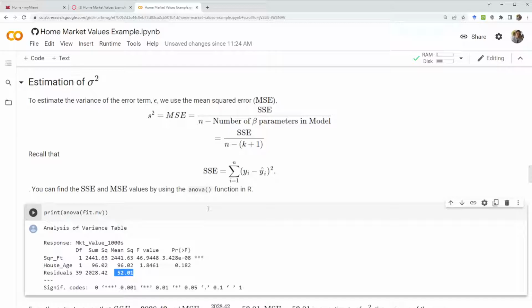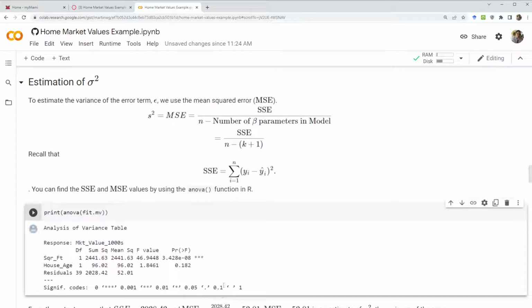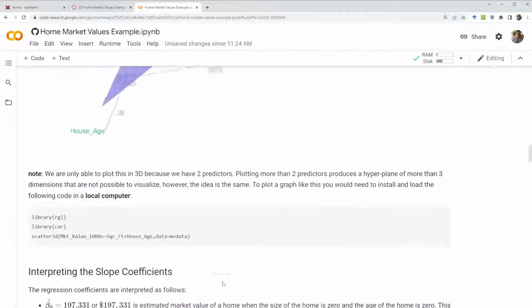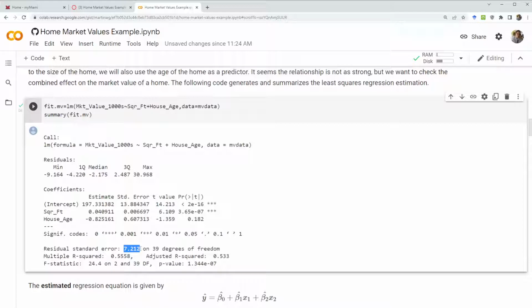Now that's in squared terms, so sometimes we prefer to take the square root of this value. The square root of MSE is called RMSE, which stands for root mean squared error, and that value is given under the output as the residual standard error.